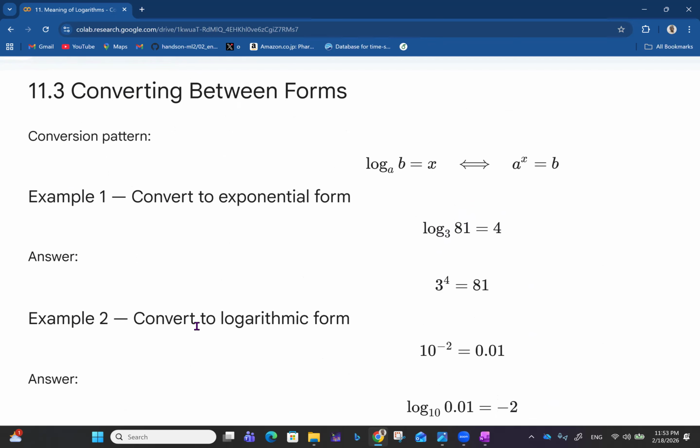In the reverse, convert to logarithmic form. You have 10 raised to power minus 2 equals 0.01. That simply means that the log of the value to the base 10 is equal to minus 2.